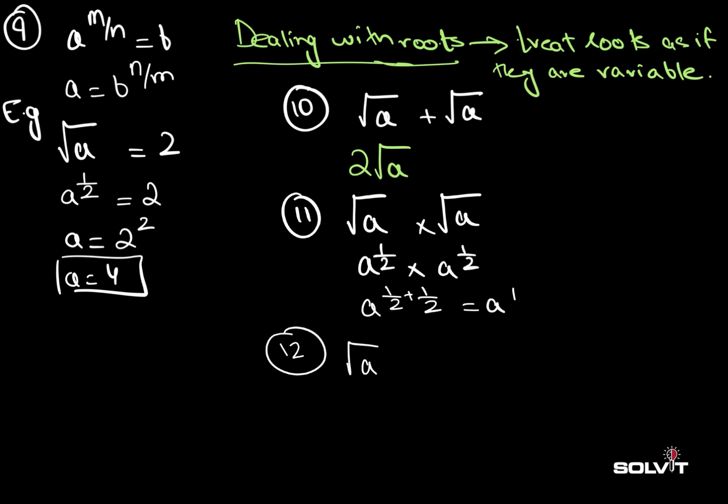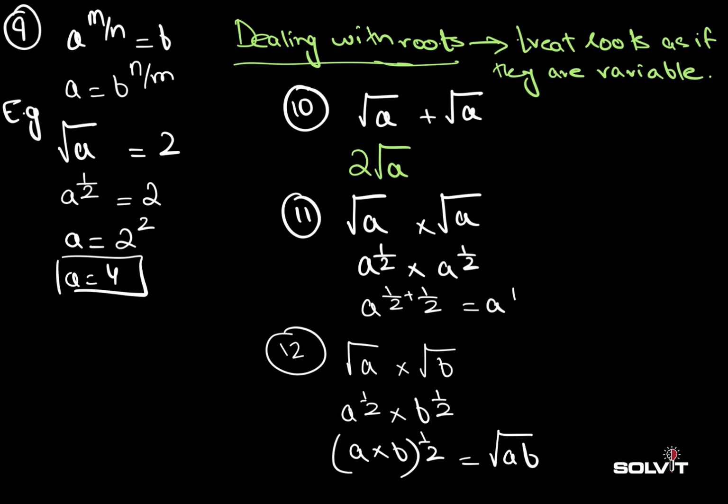If it would have been under root a multiplied by under root b, so in this case, what will happen? Basically a to the power of 1/2 multiplied by b to the power of 1/2. That means now the powers are the same, so I can write it like this. I can multiply the two different values, or two different terms, or two different variables, and take a common power like this, and it would become equal to under root ab, or (ab) to the power of 1/2.